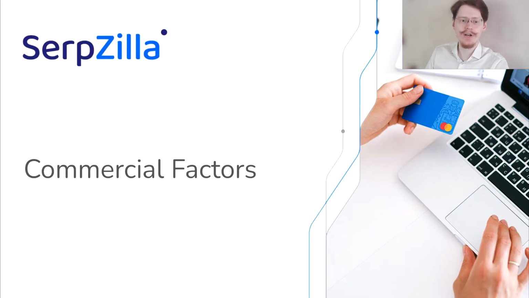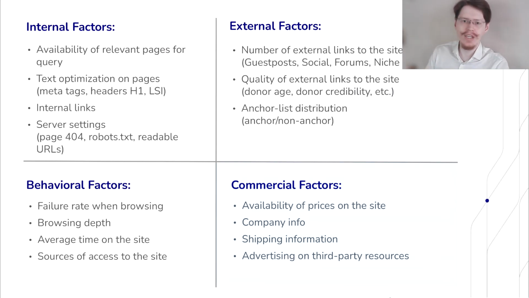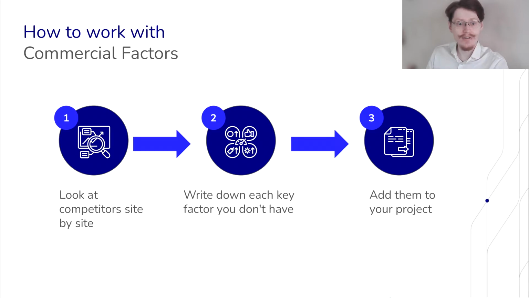Let's move on to commercial factors. We've previously touched some of those factors, but they are pretty unique to every website, so there is a good way to do them. It is to look at the competitors, see how they do. Check them side by side, see each key factor they use.